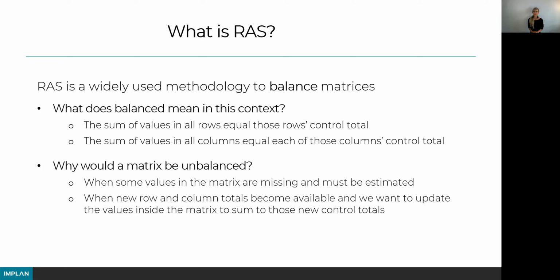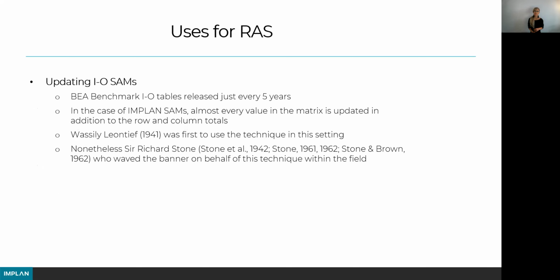Another case for the RAS would be when new row and column totals become available and we want to update all the values inside the matrix to sum to those new control totals. So some practical uses: updating input-output SAMs. As I mentioned, social accounting matrices are the backbone of input-output models like IMPLAN.